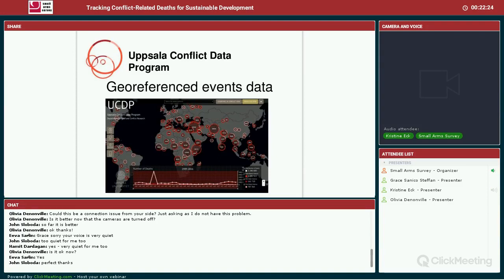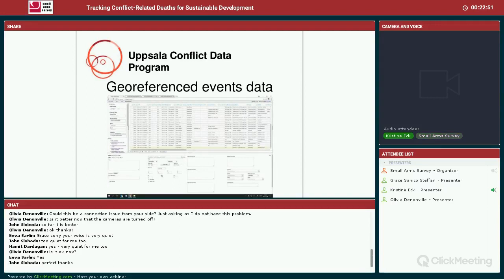Just to give you an idea of the scope of what we collect and how much data we have, in 2016 we have about 11,500 fatality or conflict events recorded. And we coded those using about 55,000 news articles and then another 10,000 articles specific to Syria, and then a series of additional sources. So that's to give you an idea of what we're working with.